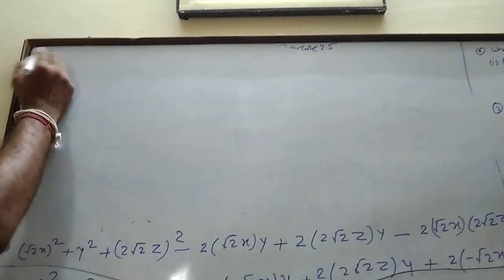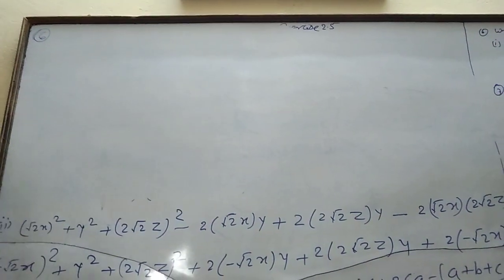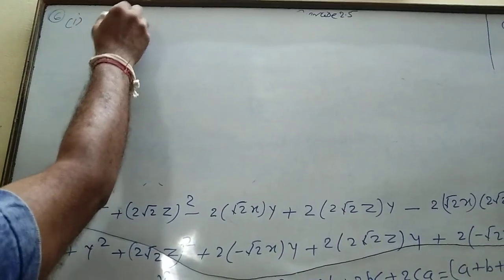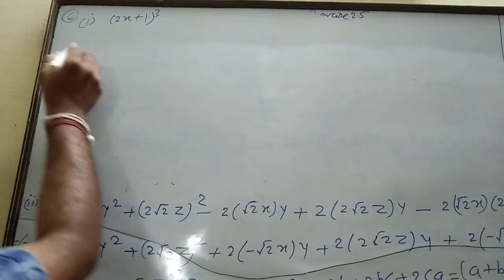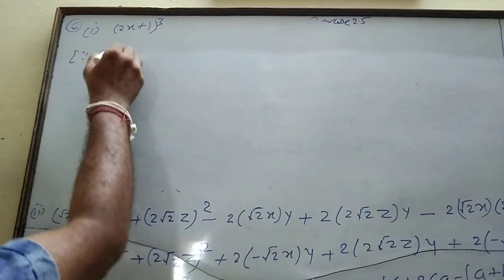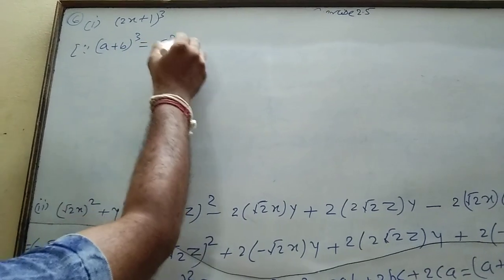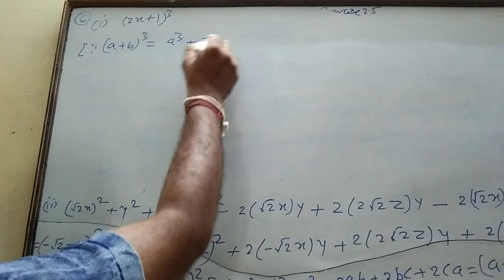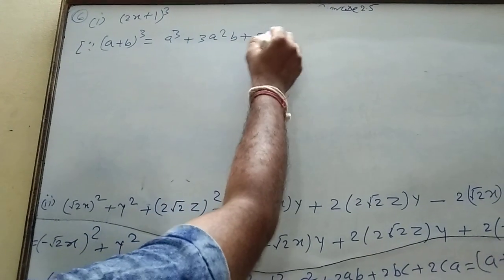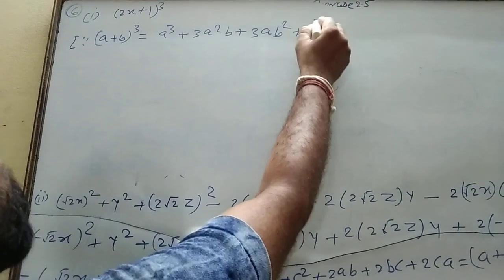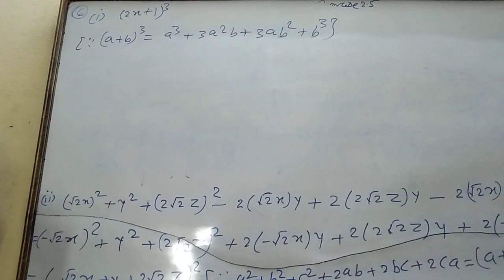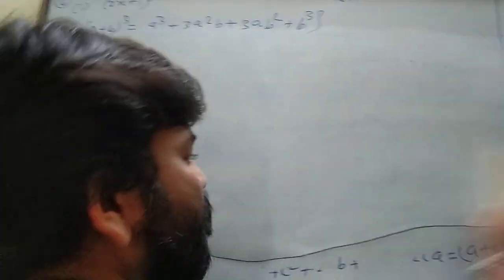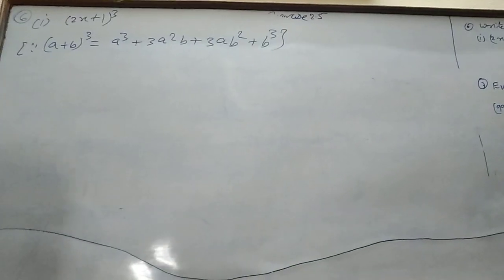Question number 6. Write in expanded form, and first part here given what? (2x plus 1) power 3. Then we know that (a plus b) whole cube is equal to a cube plus 3a square b plus 3ab square plus b cube, and in place of a here 2x, and in place of b here what? 1.